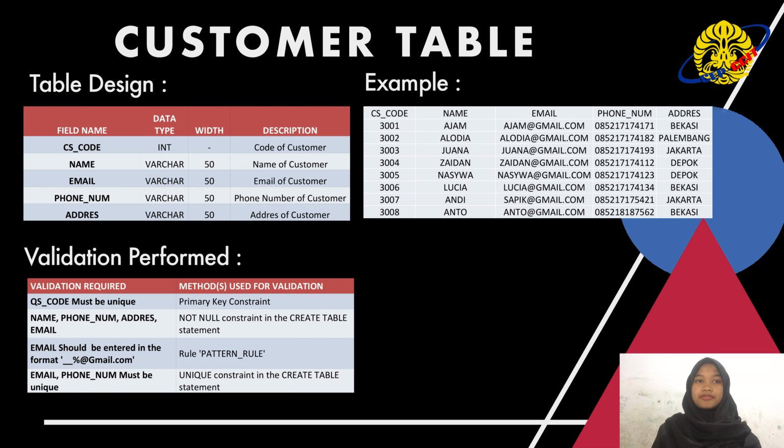In validation perform, customer code has a primary key constraint; name, phone number, address, and email have a not null constraint in the create table statement; email has a rule pattern, underscore rules; and email and phone number must be unique, so we use a unique constraint in the create table statement. And for example, you can see in the table data provided.